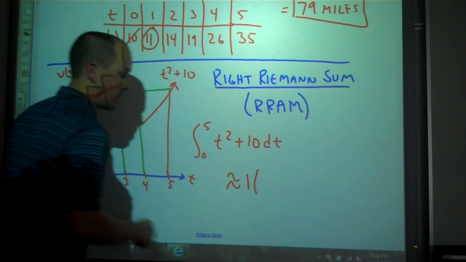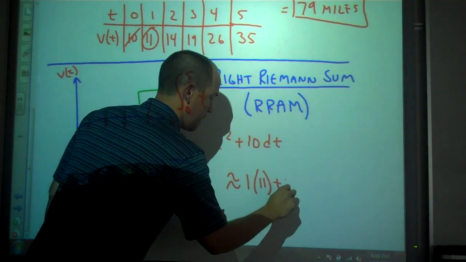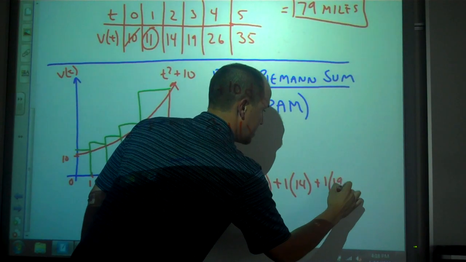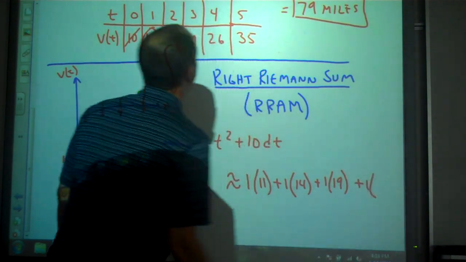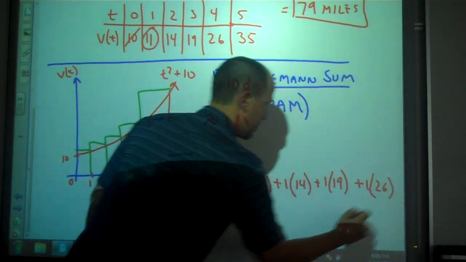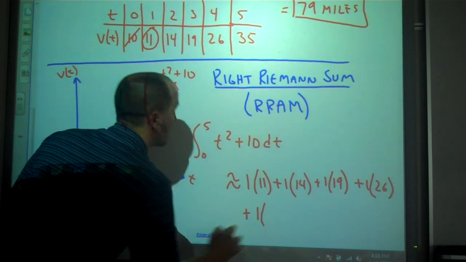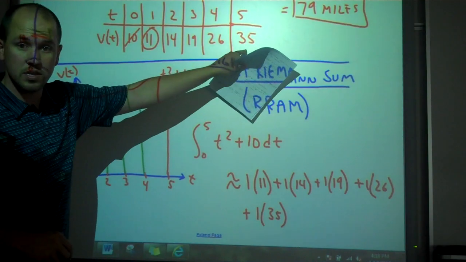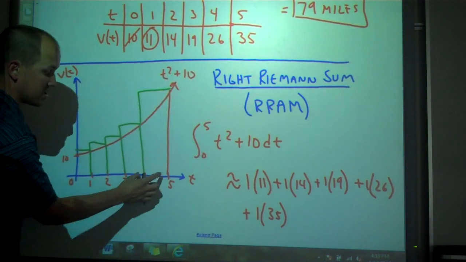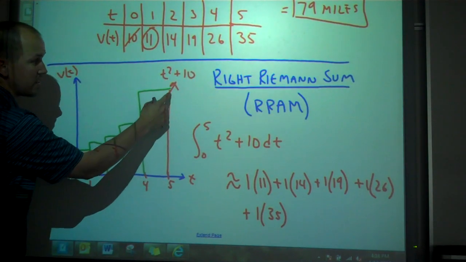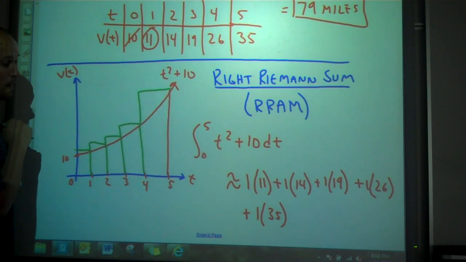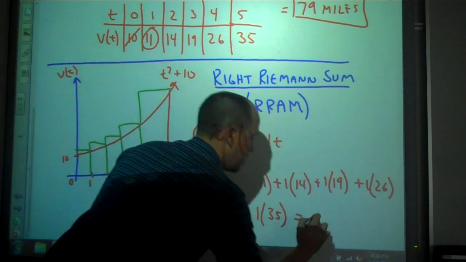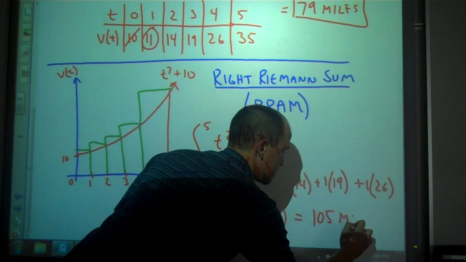We're not going to use 10. 14, 19, 26, 35. And this time I do use this last height because my last rectangle is determined by that height. It goes all the way up to 35. Okay? And when I just add those together, I get 105 miles.